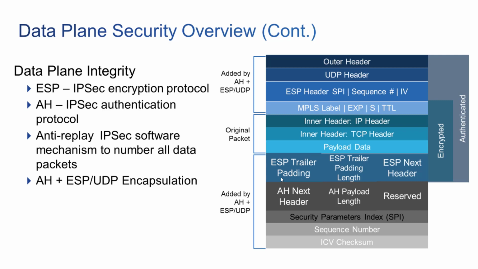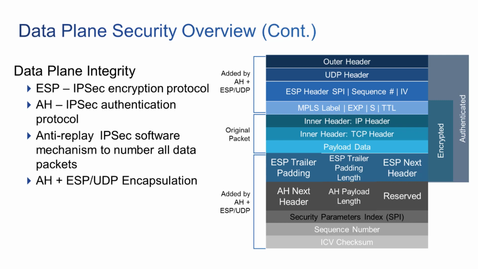We also have AH, which is the standard IPSec authentication protocol, and it protects with authentication the entire data packet. Right? We see that highlighted here, including the inner headers and the outer headers, the data packet payload, and the ESP trailer. Now we also have something built into this. We don't really see it documented on this slide per se.